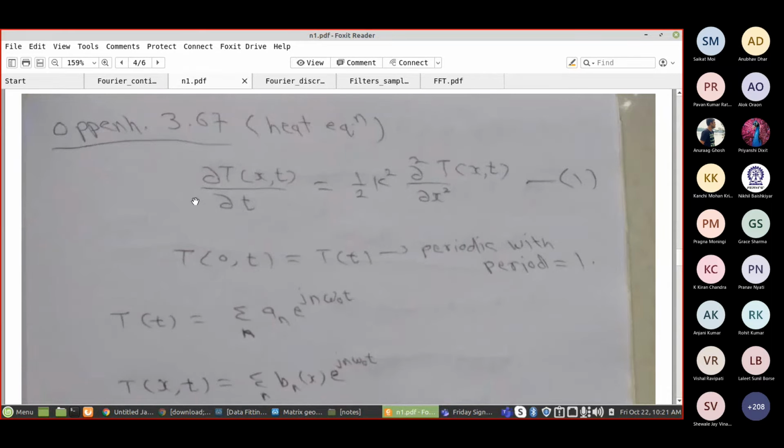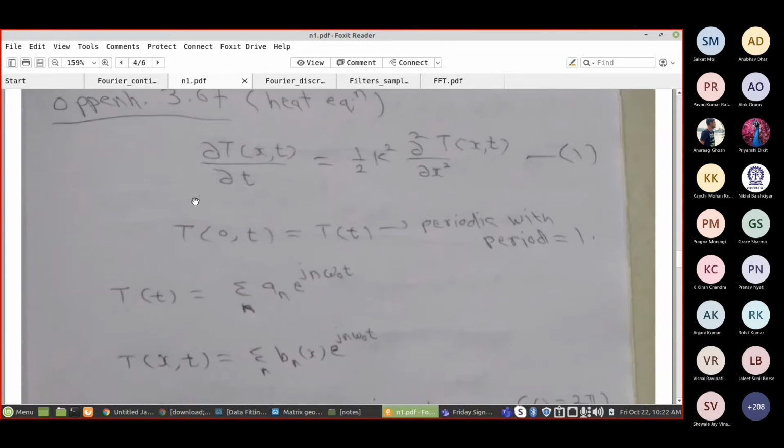So let us see how to do that using Fourier transforms and Fourier series. One hint is already there. This is periodic. So of course we know there exists a Fourier series representation of this initial condition. Let's write that down.